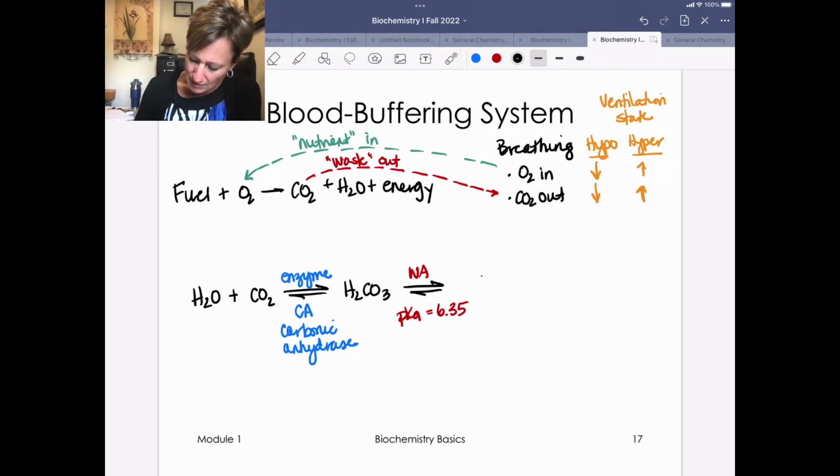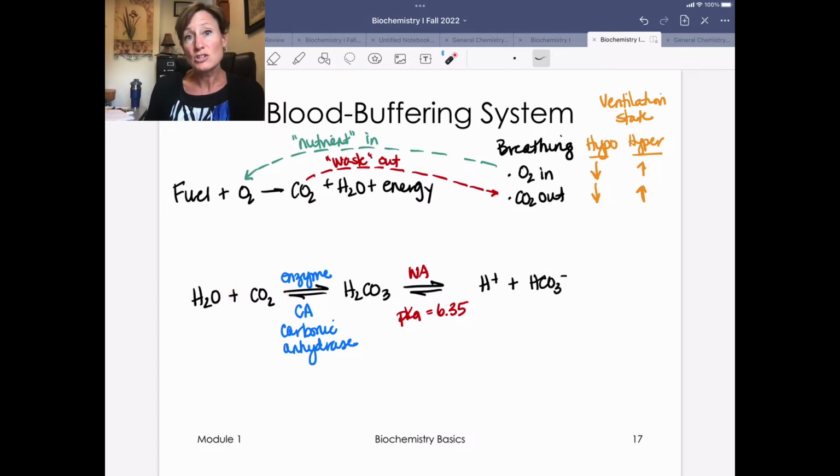And then dissociation is going to generate H plus and bicarbonate ions. So in essence, what carbonic anhydrase allows us to do is toggle carbon dioxide between a gaseous form and a solubilized form.